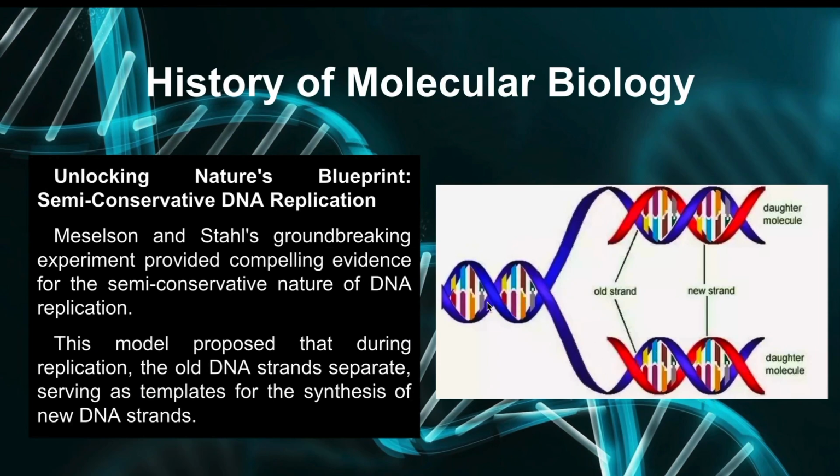That is the parent or original strand. And then this red here, this is the nascent or the daughter strand. So each replicated DNA is a hybrid of a new strand and an old strand. That's why we call this the semi-conservative nature of DNA replication.